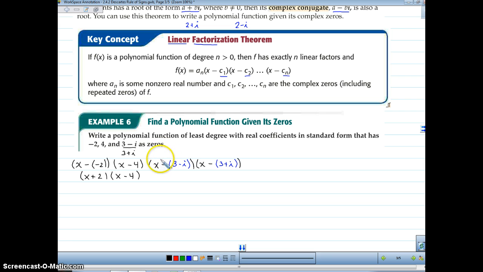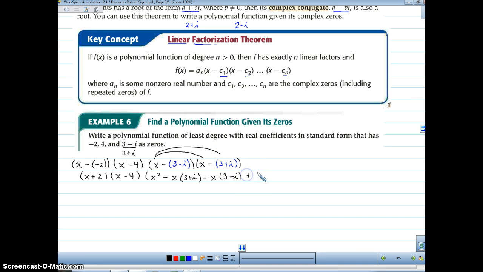All right, so now we're going to FOIL. x times x is x squared. x times negative (3 plus i) is negative x times (3 plus i). Negative (3 minus i) times x is negative x times (3 minus i). And lastly, we have negative (3 minus i) times negative (3 plus i).